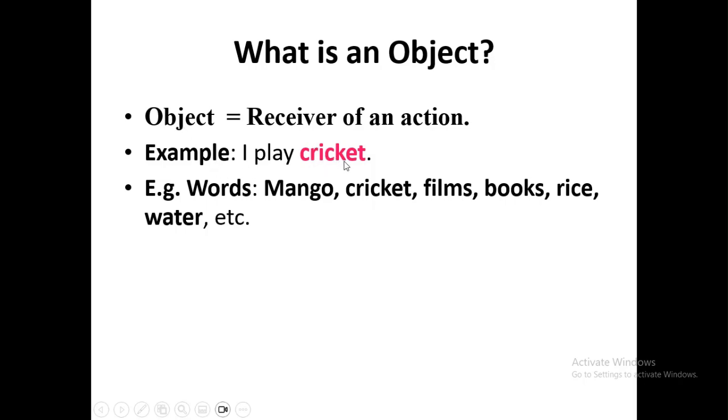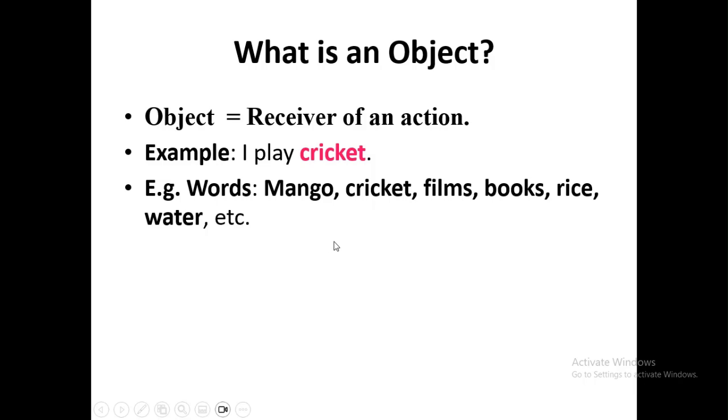An object is a receiver of an action. For example, I eat mango, mango is receiving. I play cricket, I watch films, I read books, I eat rice, I drink water. These are some of the possible words which we find in the objective position.